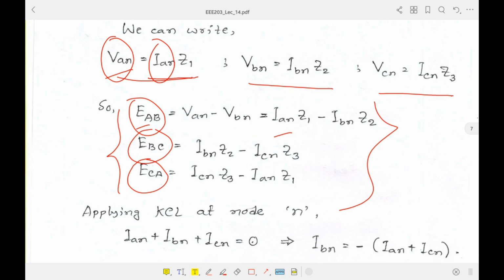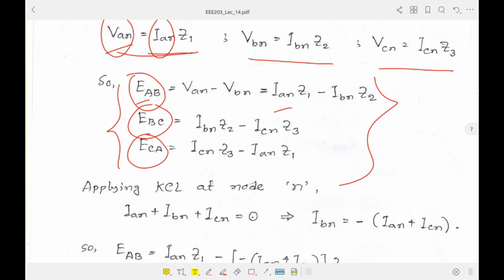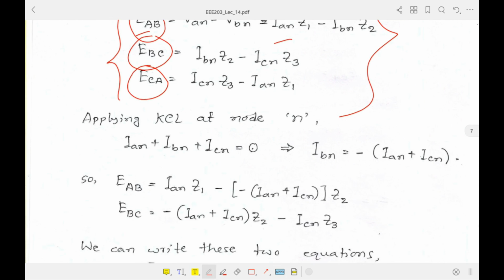We can also convert these three equations to two equations. If we apply KCL at node N, previously IAN, IBN, ICN, from the previous math, we know. For this three-wire connection, obviously there is no IN, since there is no connection to the neutral point. So you can say IAN plus IBN plus ICN equals 0.